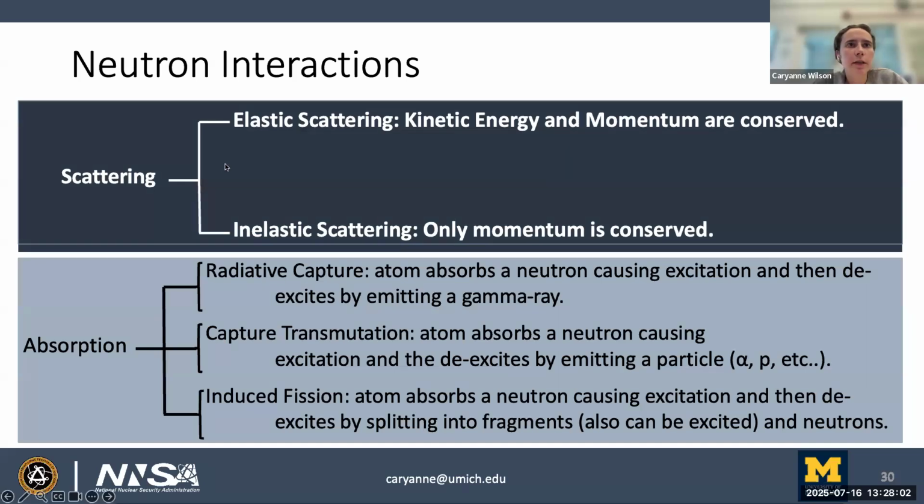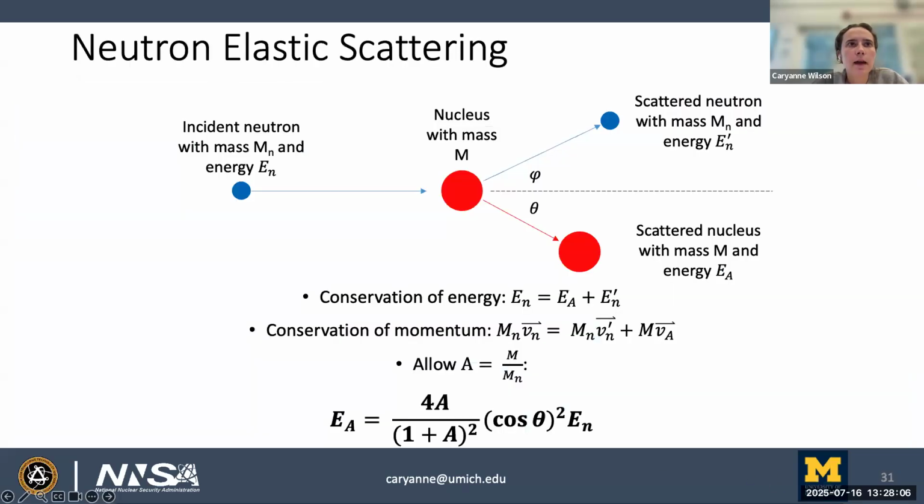All right, so now we'll go over some of the scattering interactions and how we detect with them. Neutron elastic scattering conserves energy and momentum. The incident neutron will interact with a nucleus, and the scattered neutron will go one way and the scattered nucleus will go another way.